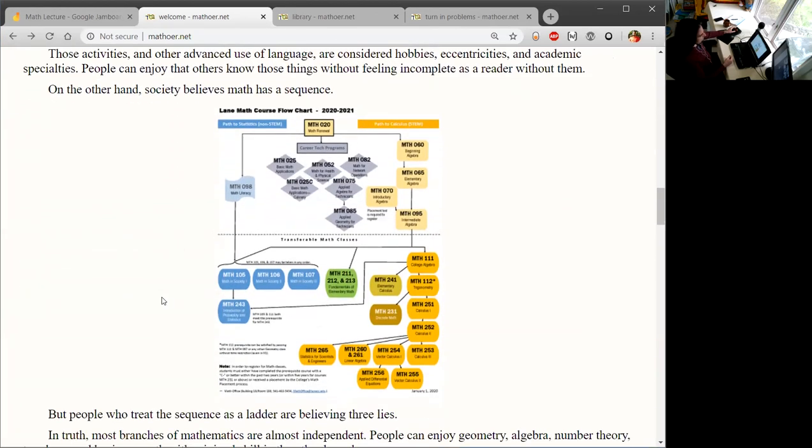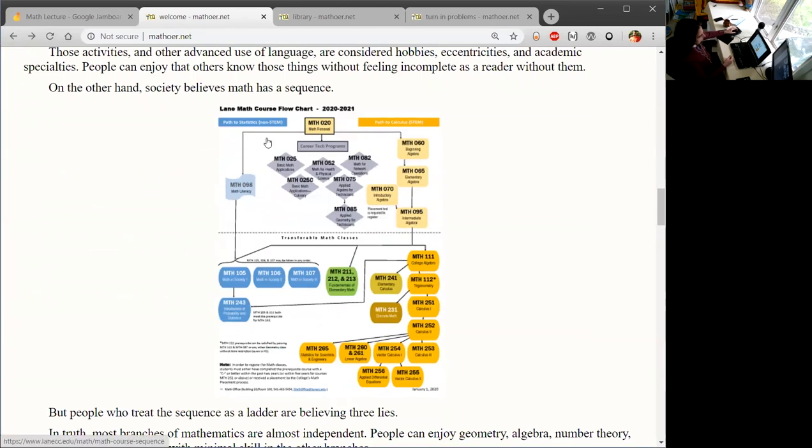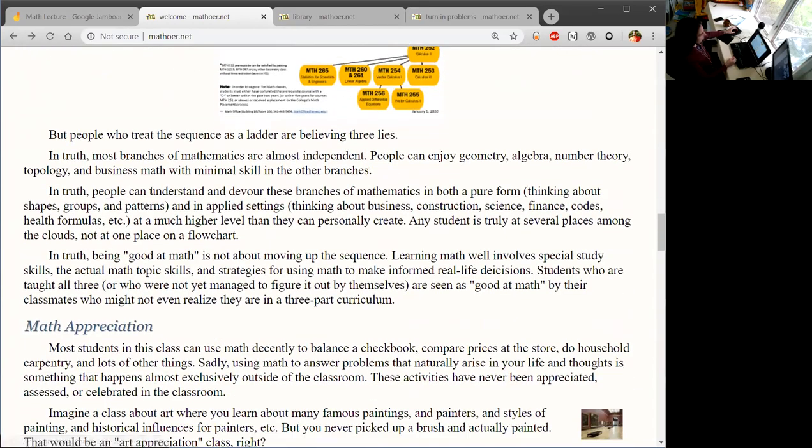But math, everyone has this false idea that math is some sort of sequence or flowchart, and you have to work your way down, and you don't get to call yourself a mather until you've gotten a certain place on the flowchart. And that's not true. Just like there's lots of different kinds of language and you can enjoy them all separately, you don't have to be a poet to enjoy a novel or vice versa, then there's all kinds of math.